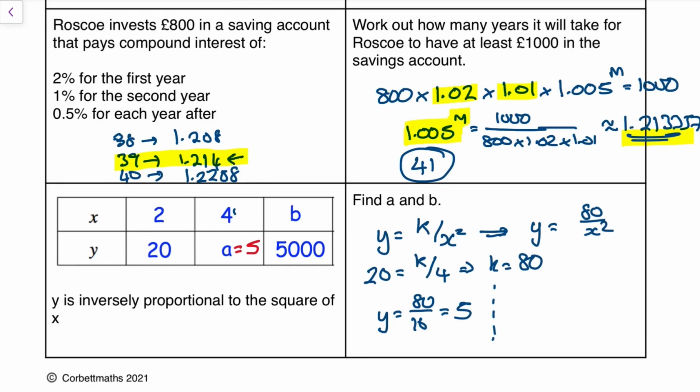So now, using my b, in other words, I'm trying to find x, I know that 5,000 is equal to 80 over x squared, which means that x squared is equal to 2 over 125, which means that x, well, it's not going to be a nice round number, is it? But x is approximately the square root of that, which is 0.126. So therefore my b is 0.126.